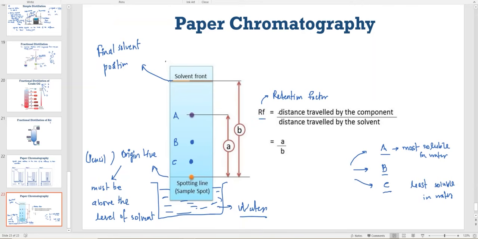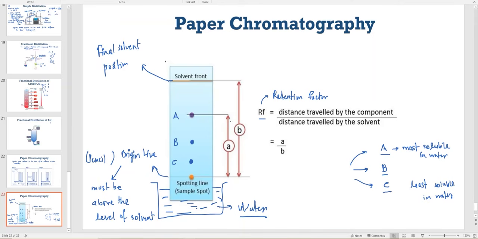So it is equal to distance traveled by the component or the dye or the colored substance over distance traveled by the solvent. They ask you to calculate it. Let's say I want to calculate the RF value of A. So how much distance did it travel? The distance traveled by A was this much.